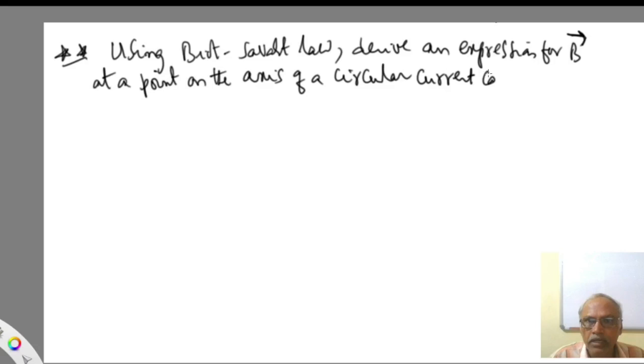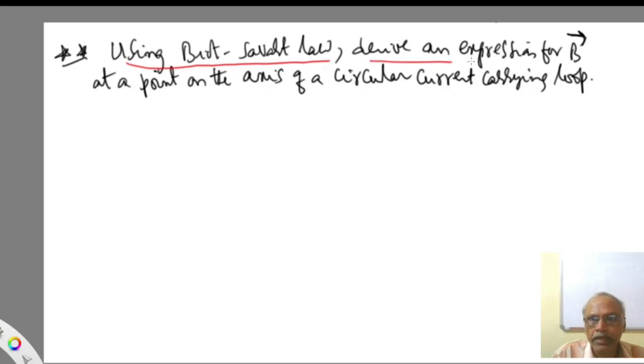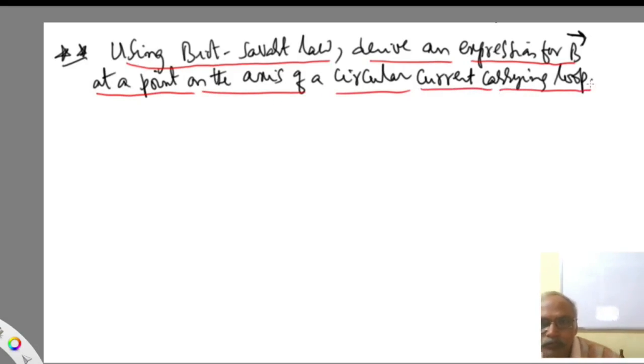Understood? Yes, sir. Using Biot-Savart law, derive an expression for magnetic field at a point on the axis of a current carrying loop.